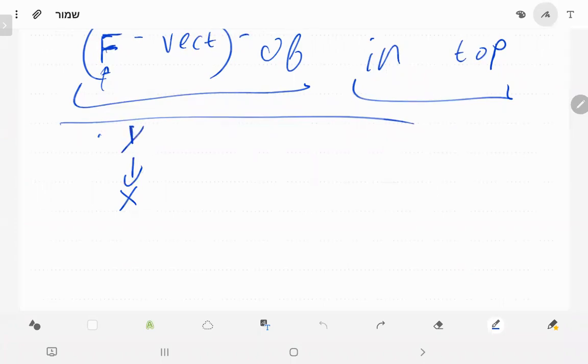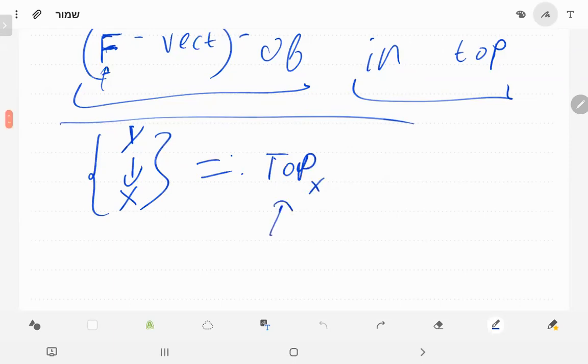Recall that this is the over category, say the over category of topological spaces over X, and consider what the vector space objects are here, say R vector space objects here. There will not be vector bundles, but vector bundles will be some full subcategory of that category.